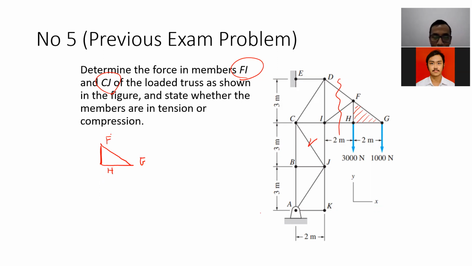What forces are there? FI to the bottom left. Yes, always assume tension when we don't know the value. FHI horizontal, to the left or right? Tension. FFD to the top left.